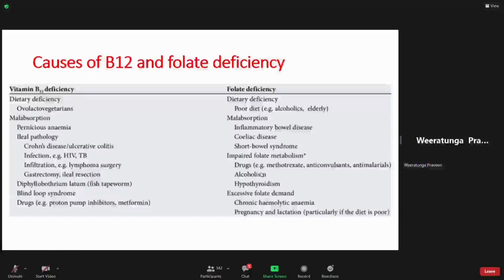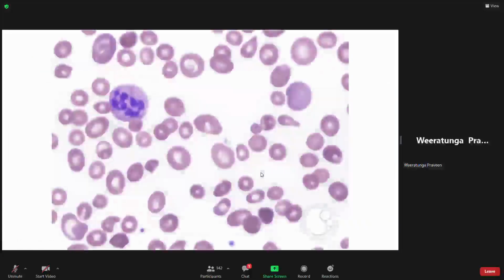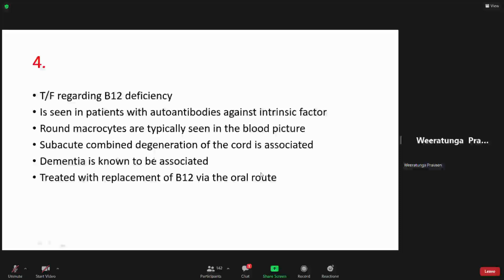These are some causes of B12 and folate deficiency, right? In the blood film, what you see in B12 deficiency is oval macrocytosis with hypersegmented neutrophils. Right. Now, round macrocytes versus oval macrocytes.